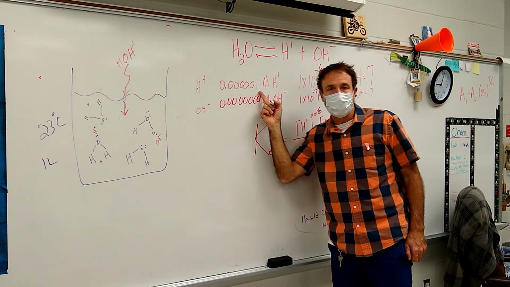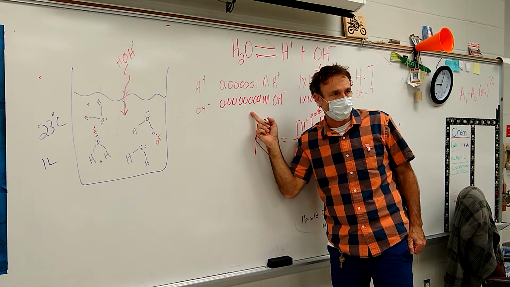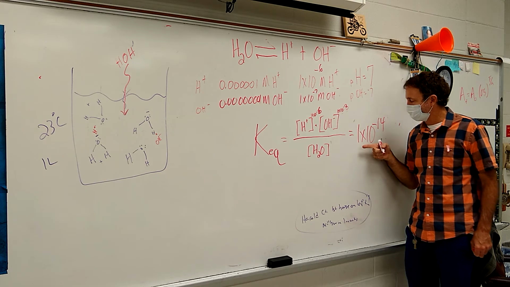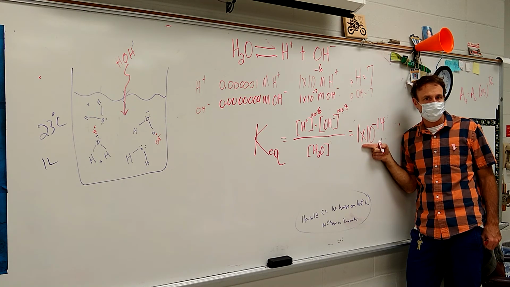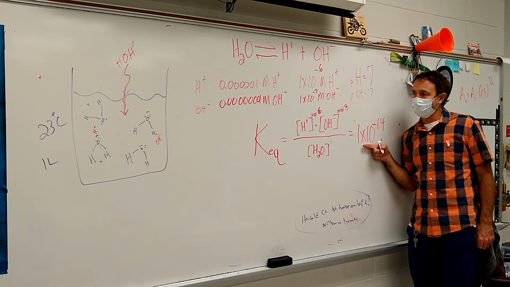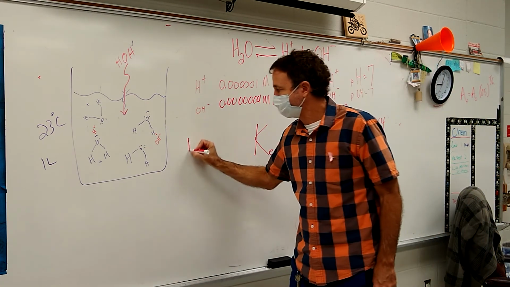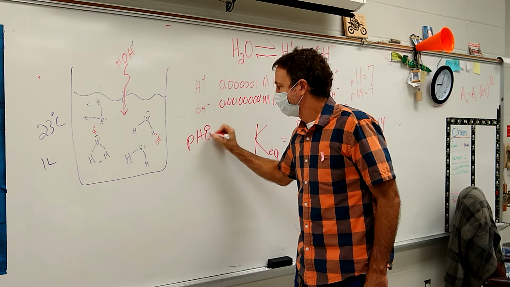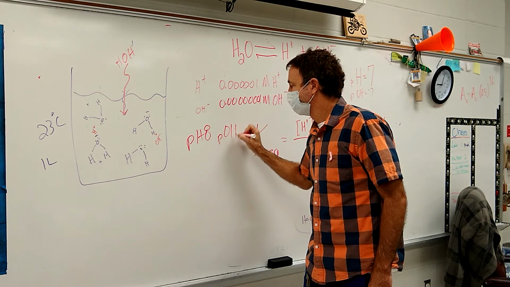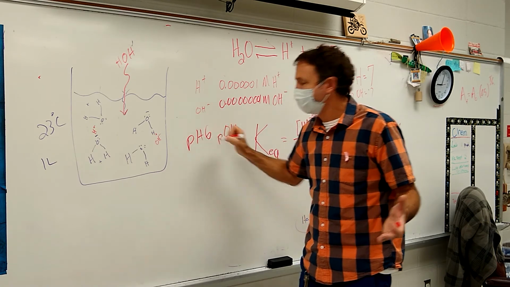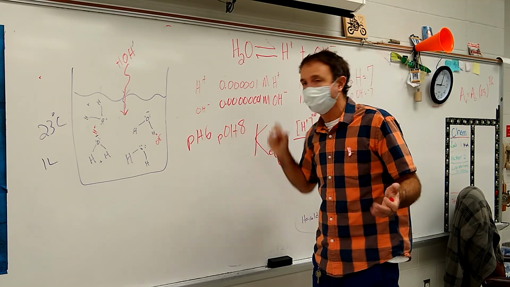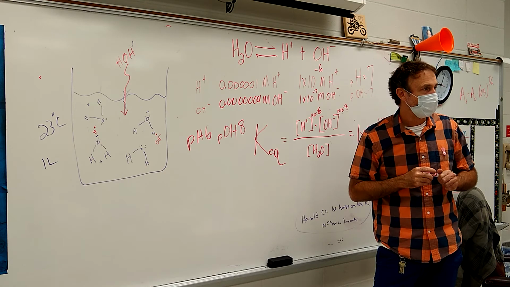So if you change the pH, you change the pOH, and it's always going to be equal to the equilibrium constant of 1 times 10 to the negative 14. So if something has a pH of 8, it's going to have a pOH of, if it had a pH of 6, it's going to have a pOH of 8. Does that make sense?